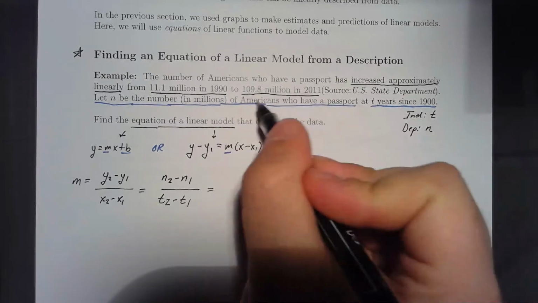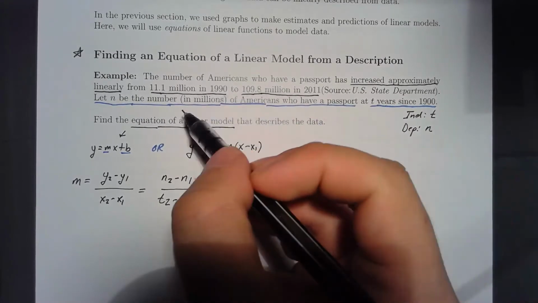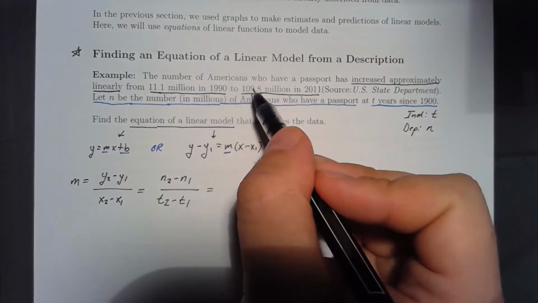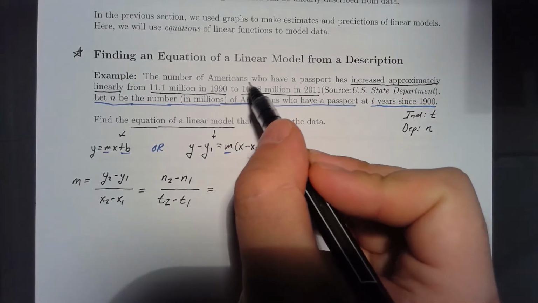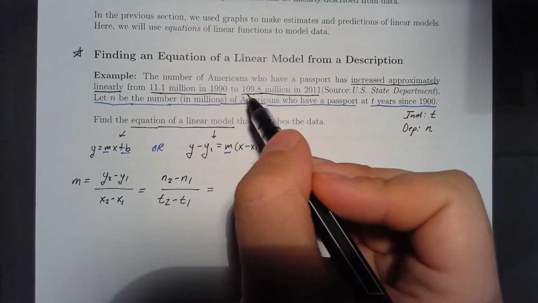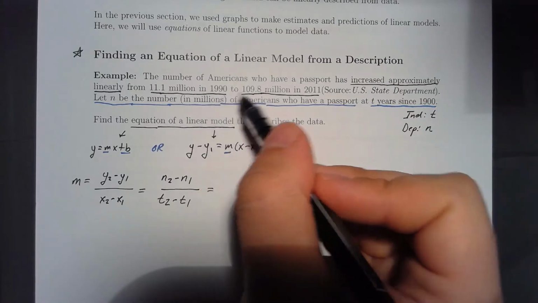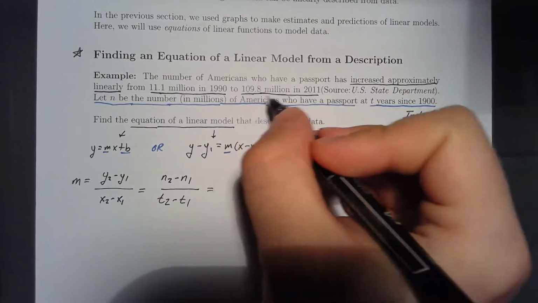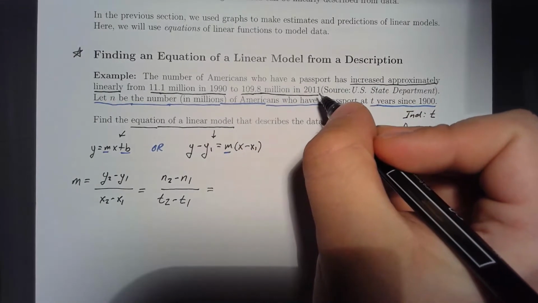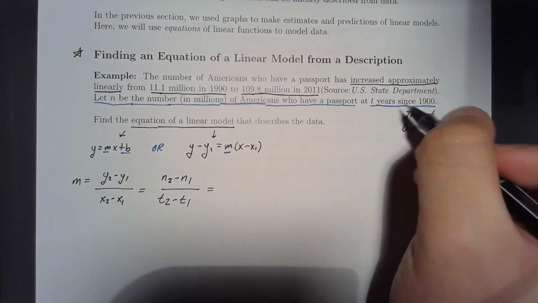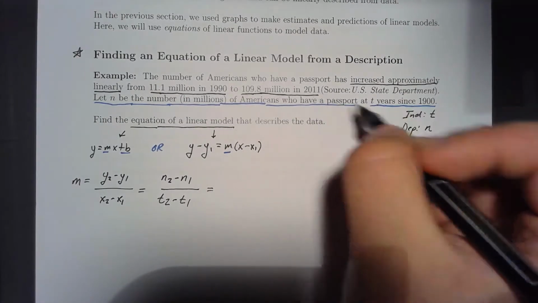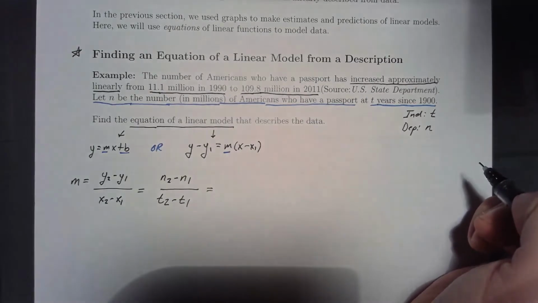N represents the number in millions of Americans who have a passport. So if it goes from this to this, then n2 is going to be 109.8, since it's in millions. And that's in the year 2011. Now, t is years since 1900, so it's going to be 2011 minus 1900.